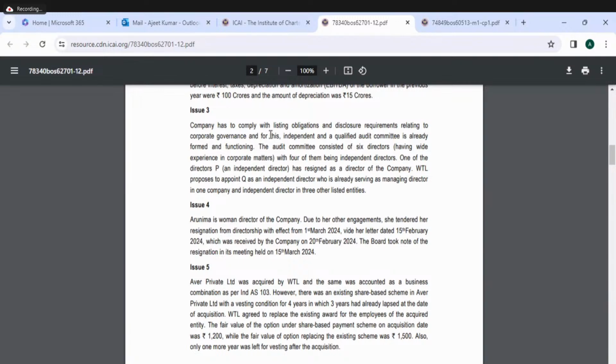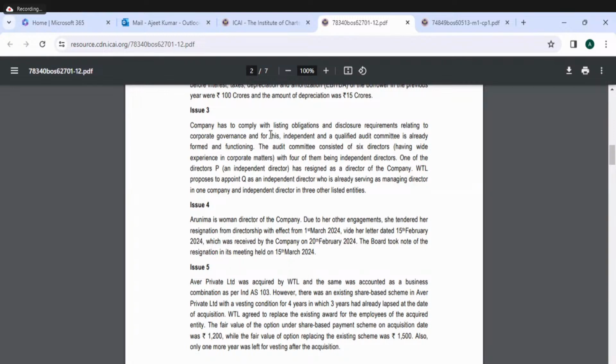If my mind clicks that, okay, I have to see SEBI LODR regulations, automatically, since I will be carrying a book through which I can refer to that regulation, I need not memorize everything. I need to keep a note of everything in my mind, but there is no need to memorize everything.